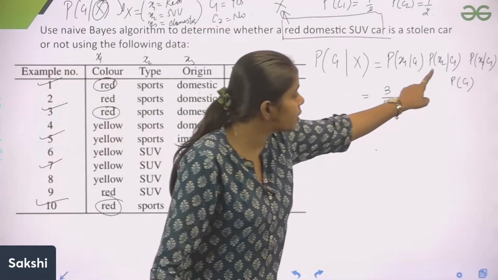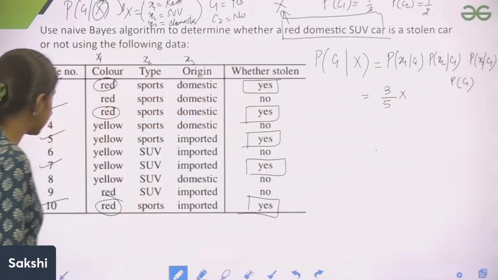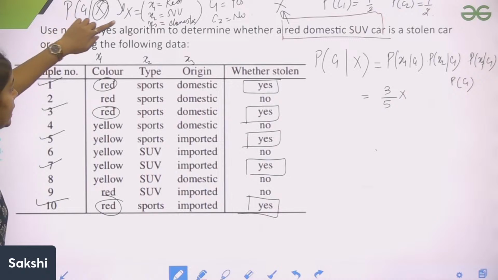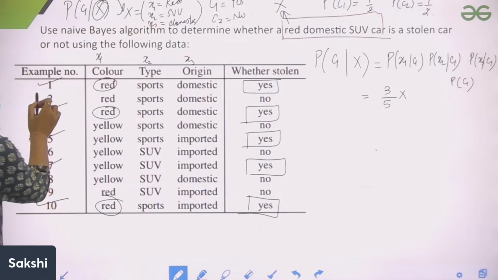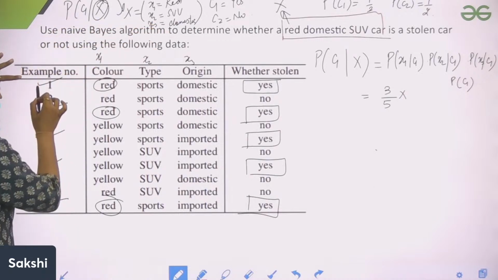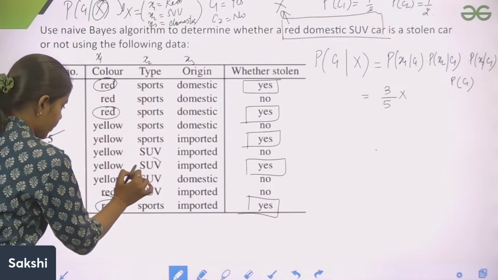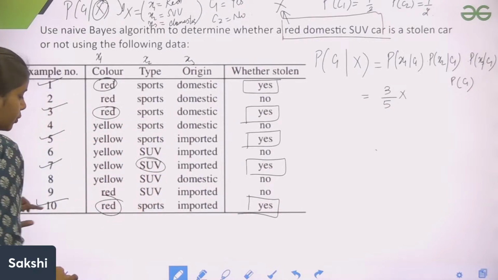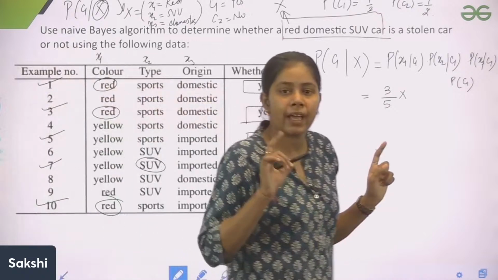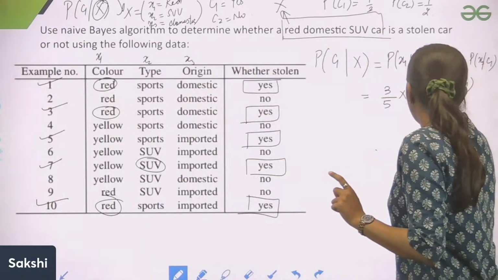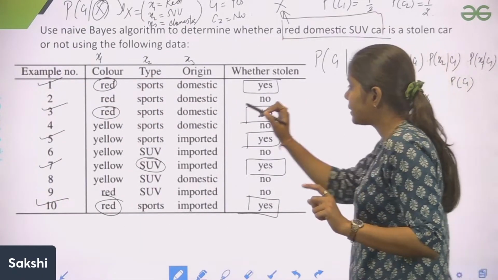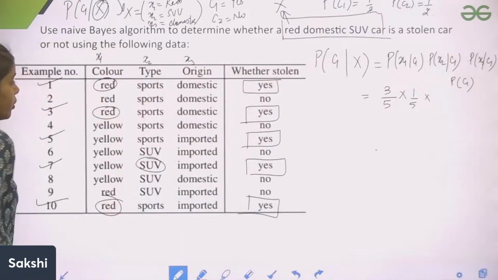Now they're asking what is the probability x2 given c1. Obviously c1 class is these 5 examples and x2 is SUV. Let's see how many SUVs we have: 1 is sports, 3rd is sports, 5th is sports, 7th is SUV, and 10th is sports. So out of 5 examples I have 1 SUV, so probability would become 1 by 5. X3 given c1, x3 is domestic.